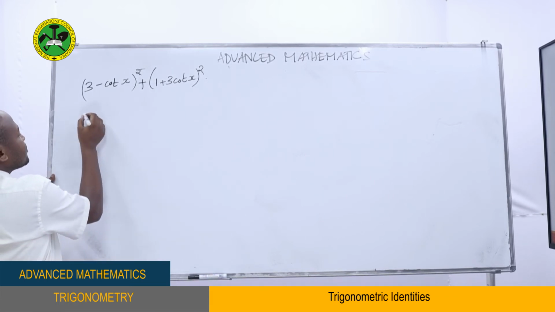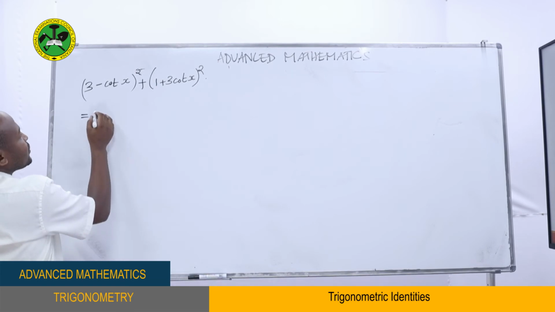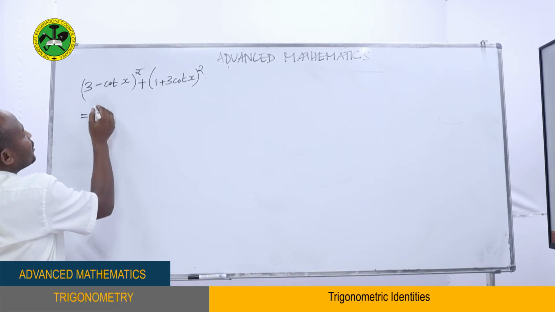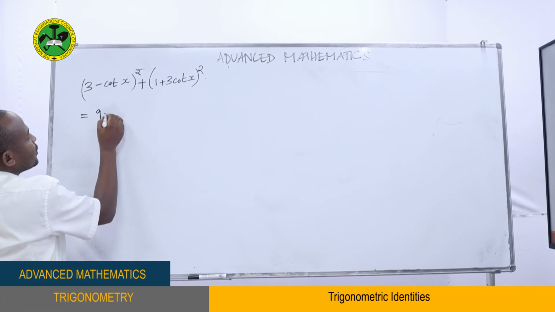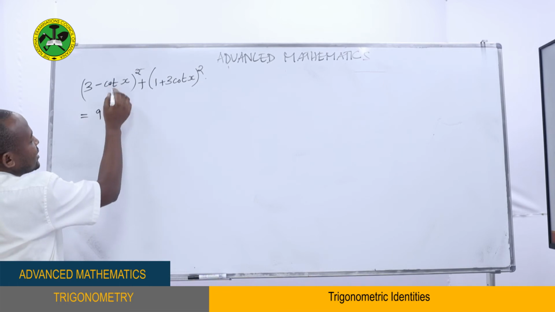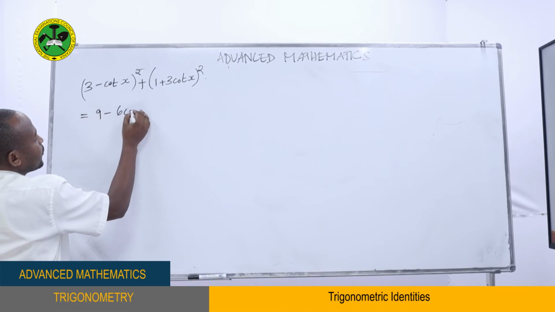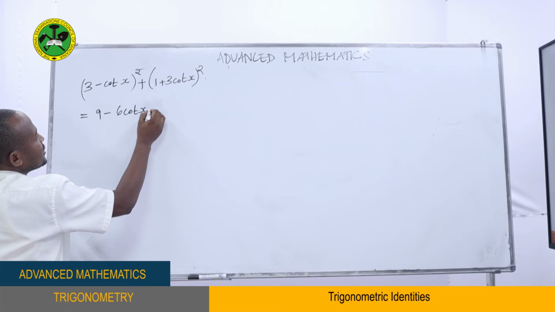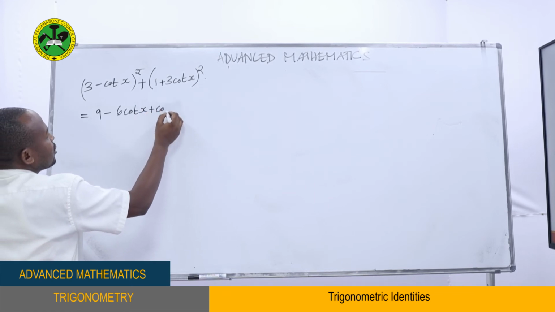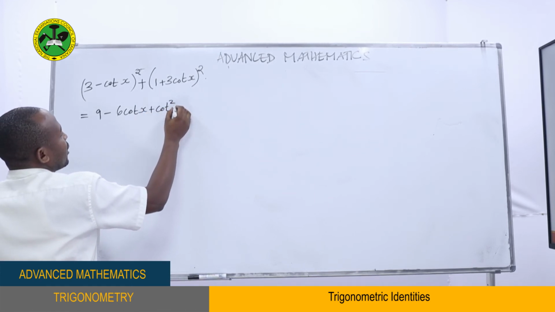Let's open the brackets. So this equals what? If we open that, it will be 9. This times that is 3 cot. That times 2 gives 6 cot x, plus cot square of x.